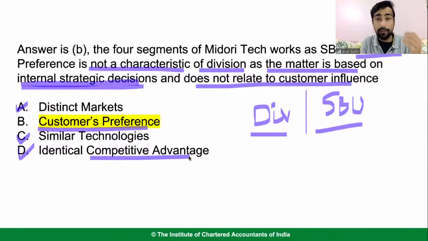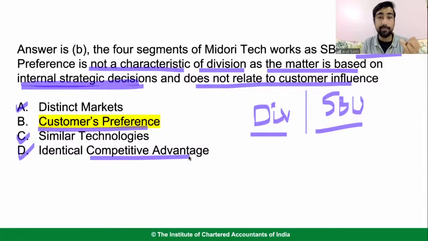But how can you create distinct divisions on customer preference? Customer preference keeps changing. Think about this. Today's customer preference is to eat fruits. Tomorrow they say we don't want fruit, we want more dairy products. You will keep changing your divisions. Is it so easy? Because customer preferences keep changing very quickly, right?